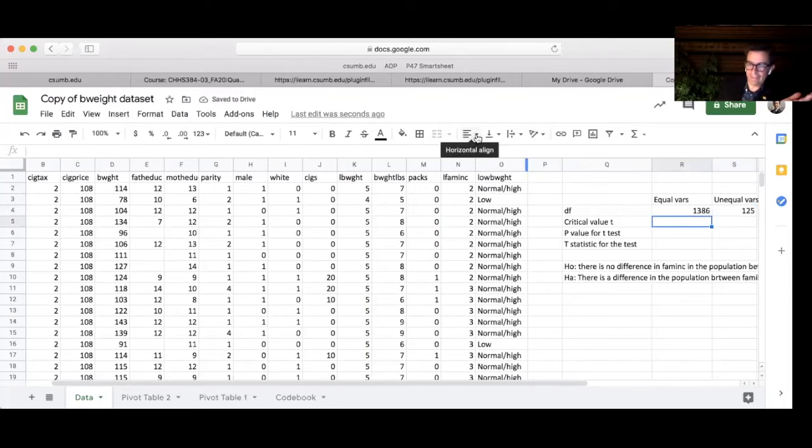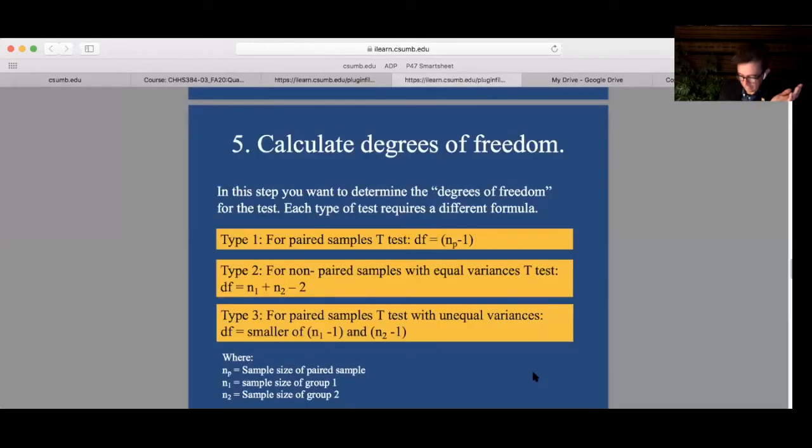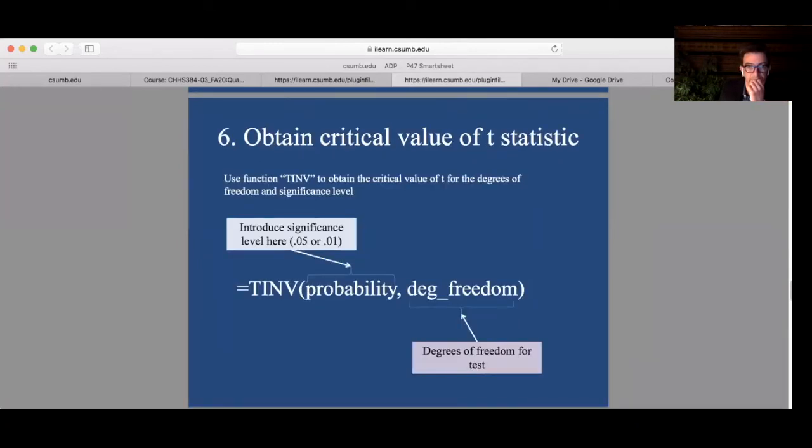We have determined our alpha. We have determined our degrees of freedom. Now we need to determine what's our critical value. And remember, we could do this with a table. You get the probability on the top of the table and the degrees of freedom, and then look at that number, and that will be our critical value.